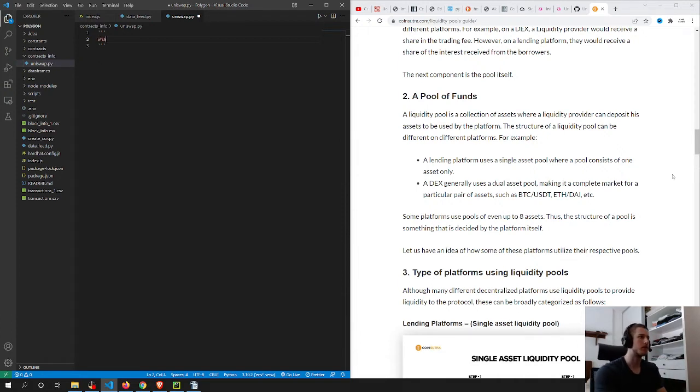So the first question that came to my mind is, what happens when people decide to withdraw large amounts of money? What happens when price changes?